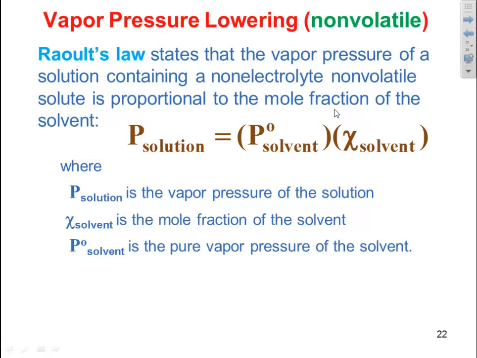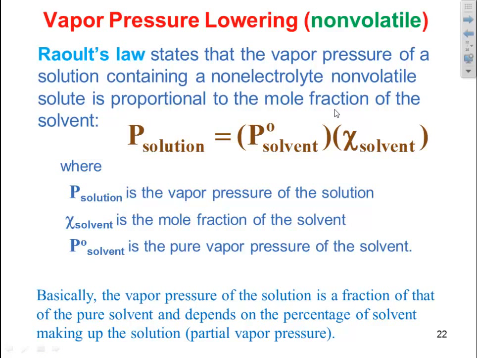So basically the vapor pressure of the solution will be a fraction of that of your pure solvent, and it depends on how much solvent is present. It depends on the percentage of the solvent making up the solution. That is the partial vapor pressure of that solvent.